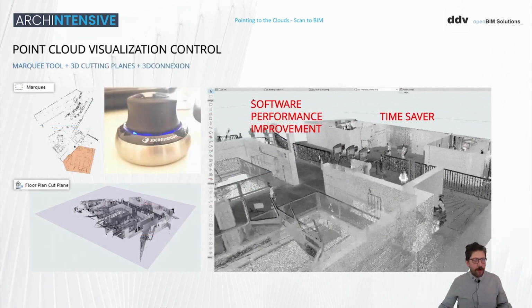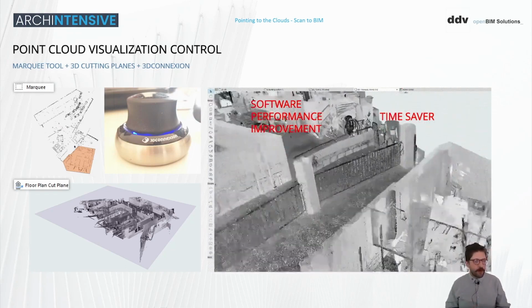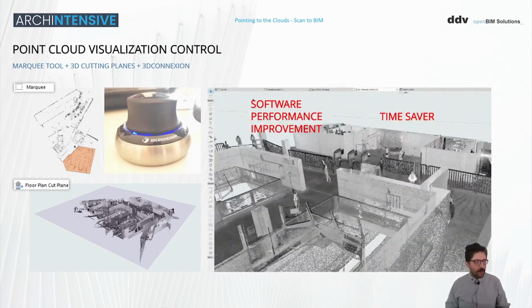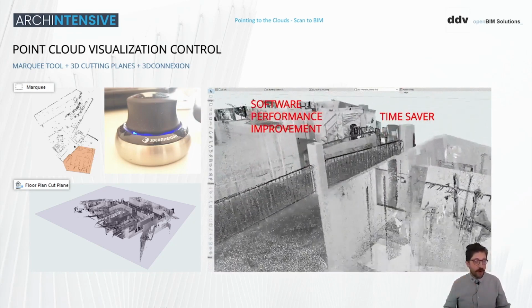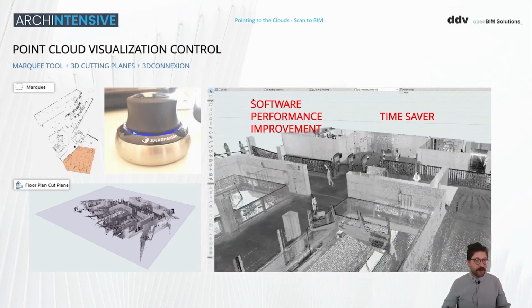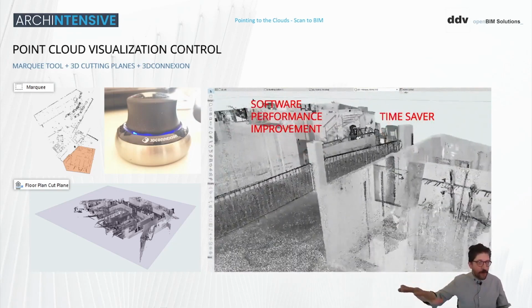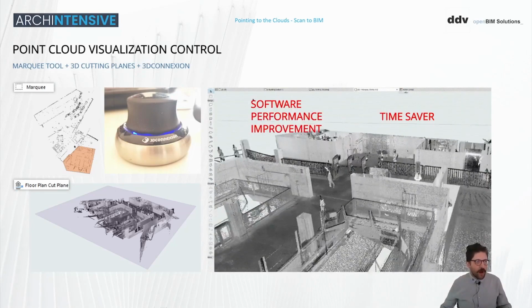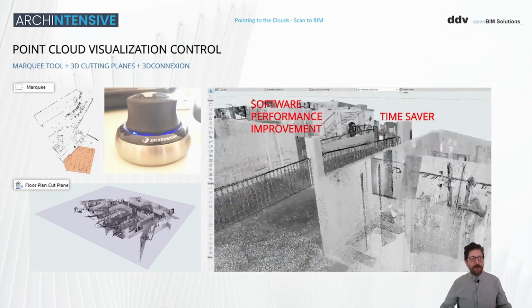So another important tip that I want to share with you here, remember that we are using the out-of-the-box point cloud features in Archicad. We are not using any plugin, we are not using any third-party tool. So we are using the Marquee tool and the floor plan cut plane.